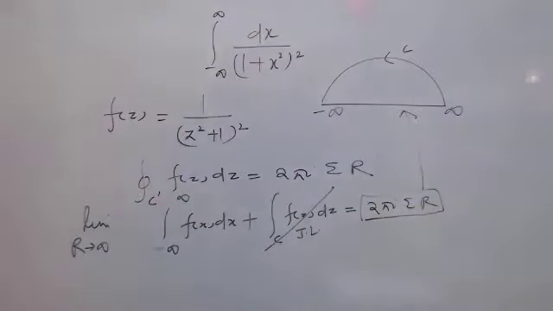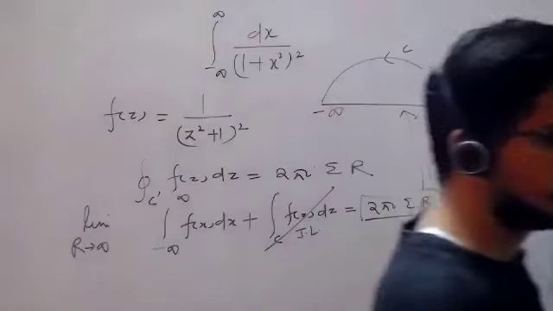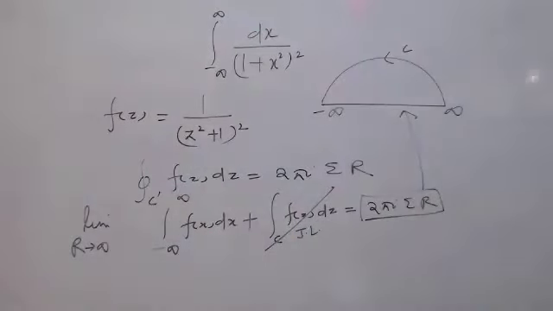So this is the method which I am using again and again. अब समझ आई बात? Tell me, are you able to understand? This is what I am doing again and again for calculation of minus infinity to plus infinity integrals. I am applying the same concept.